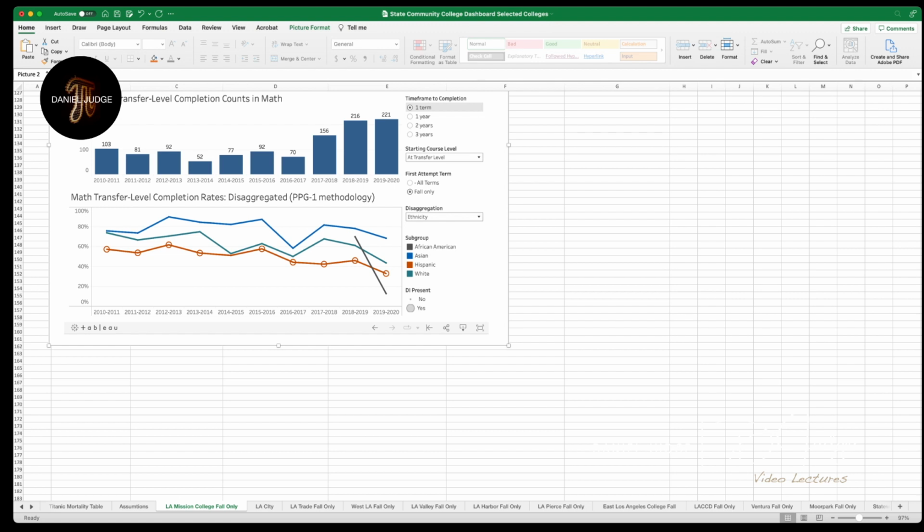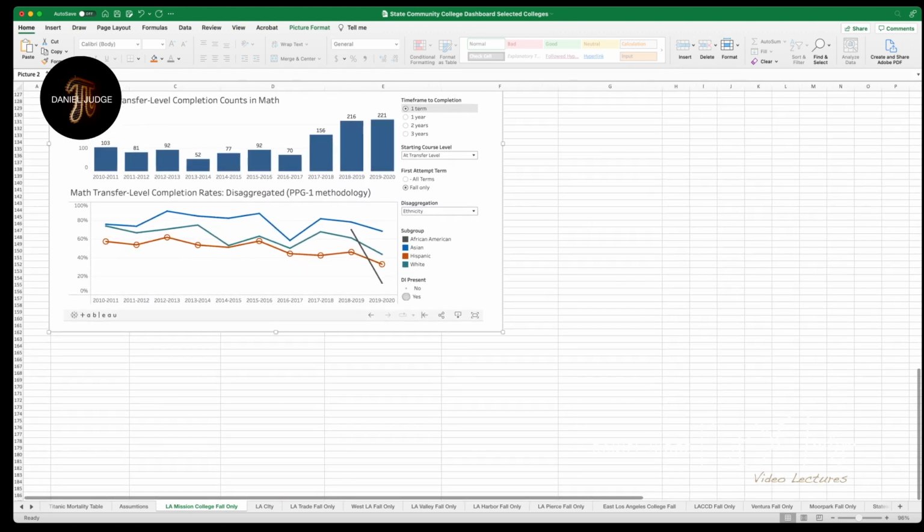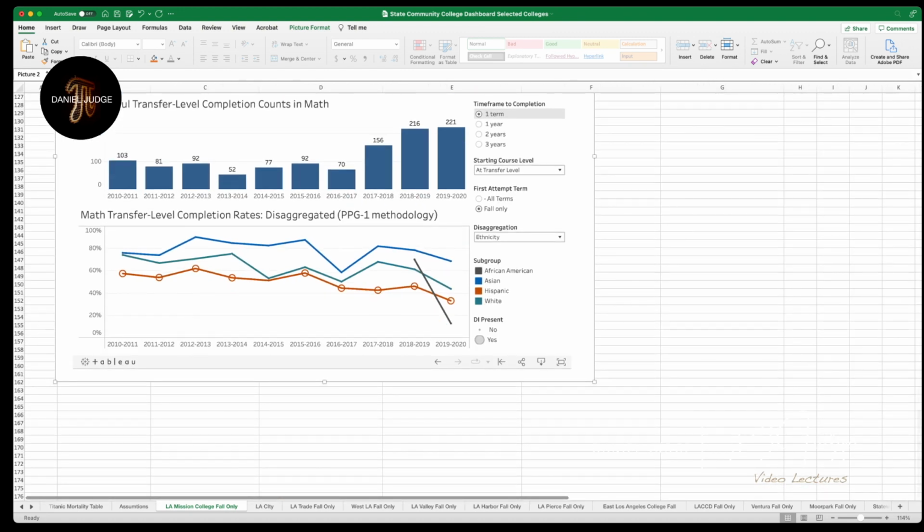Look at what happened. Every group here, I got to be careful. Okay. Every group, ladies and gentlemen, had declining success rates. And those gaps did not get closed. You guys with me? There's gaps between those places on the right side there.